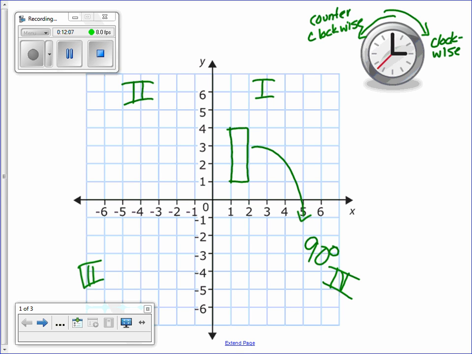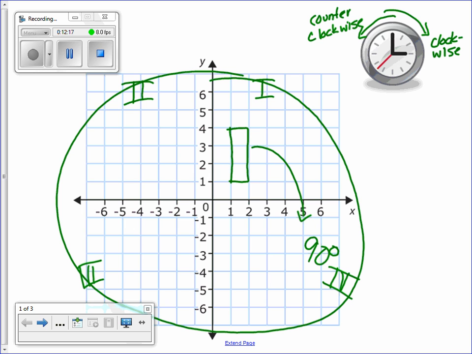If it was to rotate 90 degrees, think of this as a big circle, okay? I know it's a square, it's a coordinate plane, but let's think of it as a big circle. Each quadrant counts as 90 degrees. 90 plus 90 plus 90 plus 90 equals 360, okay?